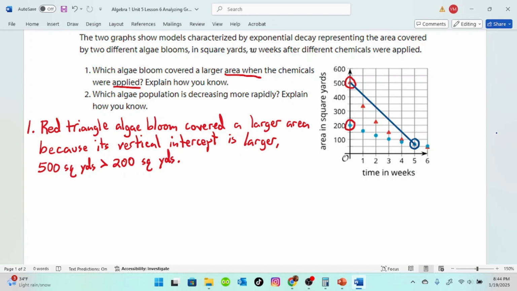While in that exact same 5 weeks, the blue circle algae only had to go from 200 down to about 60. So notice the line for the red triangle algae is much steeper than the blue circle algae.